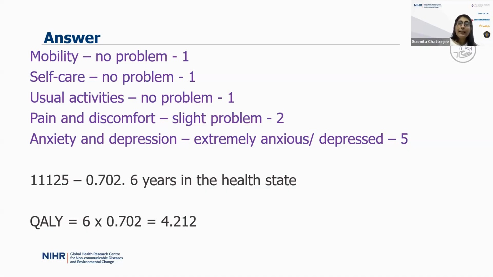Now, if you can improve those QALYs through your intervention, then without the intervention, how many QALYs were there, and with the intervention? So before the intervention you do the EQ5D5L, and then after the intervention you do another EQ5D5L and see the changes in QALYs. Relatively easy, right?